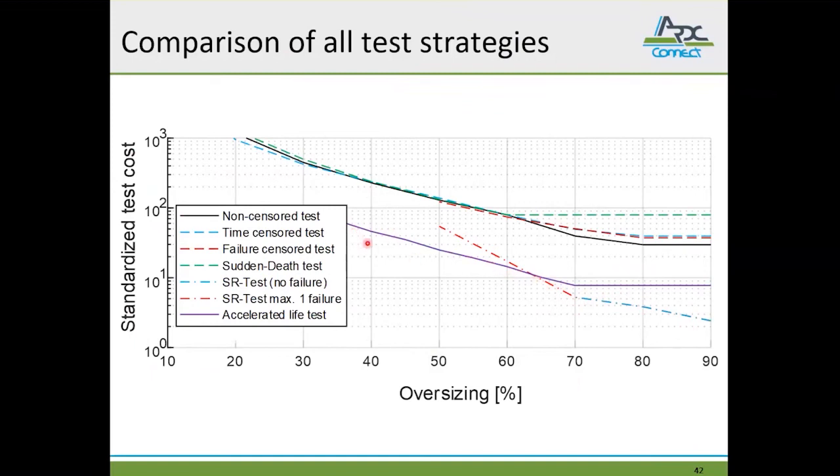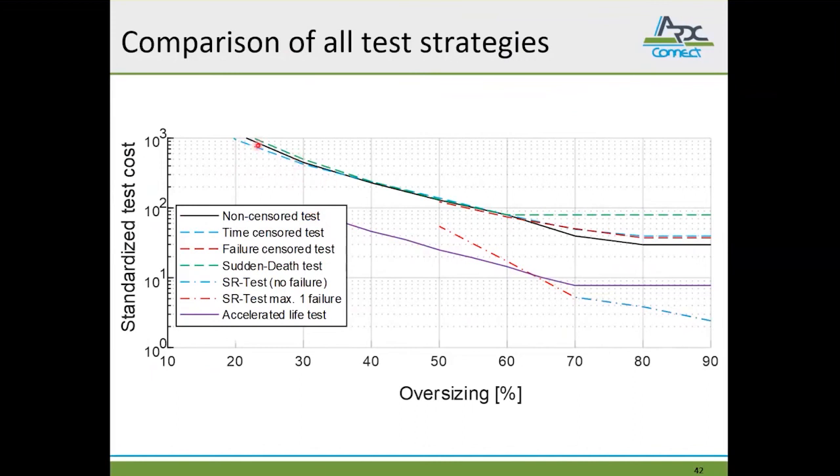This accelerated life test also works for oversizing from 30% on or bigger. So this is a quite good, well-designed product. If you want to come even closer to the edge in terms of oversizing, then we need to talk about non-accelerated tests.